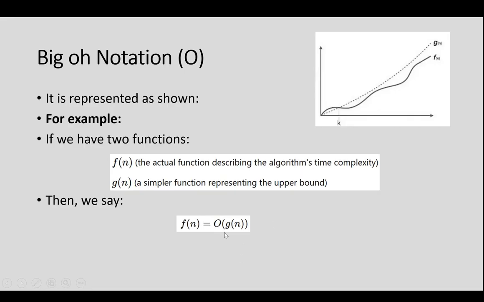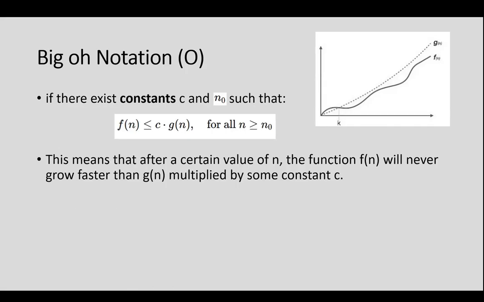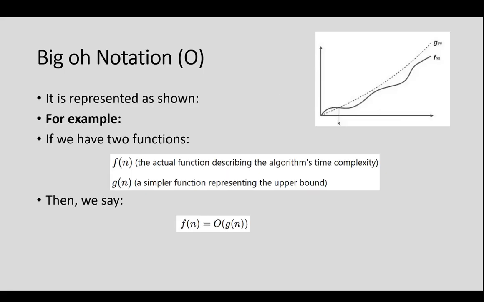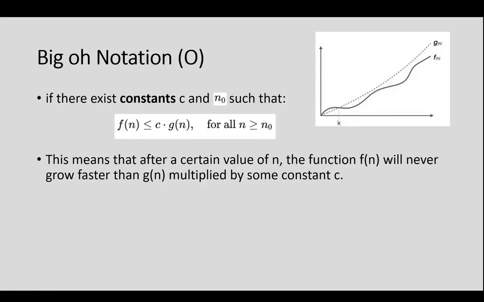That needs to be our motive. For my function f of n, the complexity would be O of g of n. Now I have to see what g of n and f of n are, and how I can solve it. So my function is f of n equal to O of g of n.